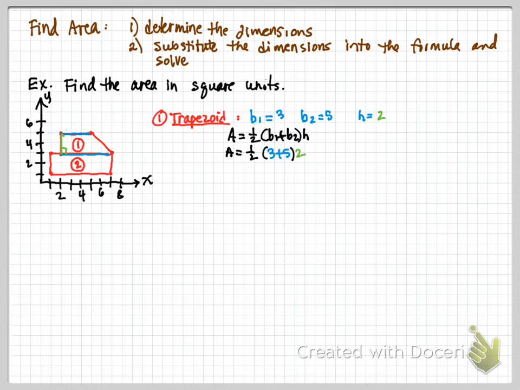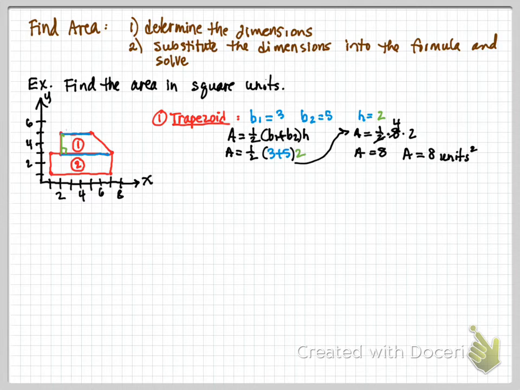So just to conserve space, I'm going to continue the problem over here. And I get area equals 1/2 times 8 times 2. So half of 8 is 4. 4 times 2 is 8. So I get the area is 8 square units.